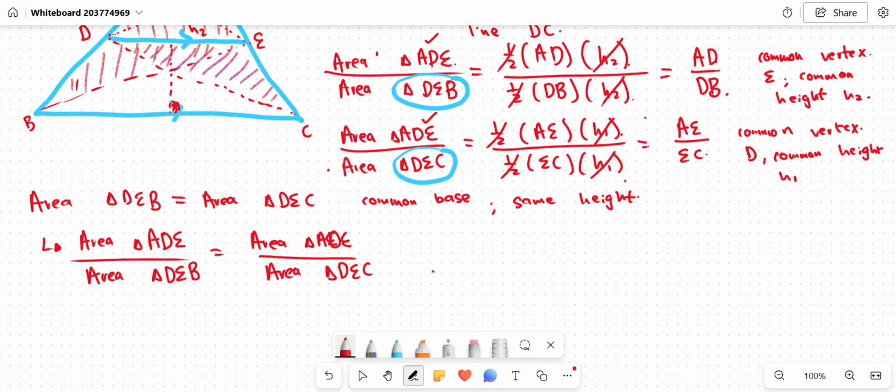So now that I've equated those guys, it follows that the ratios are also going to be equal to each other. So AD with the DB is equal to AE with the EC.